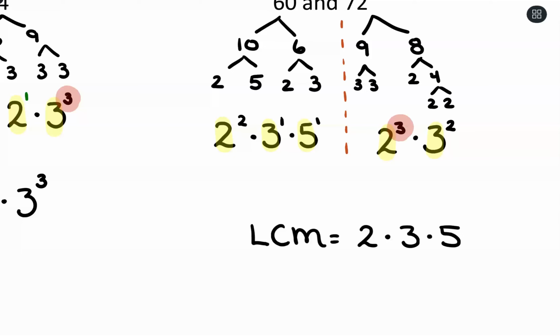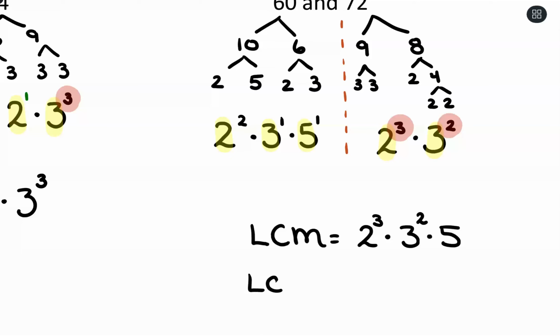So we want to use the 3. With 3's, it's 1 versus 2. So we want to use the 2. And then for 5, there's only one possibility there with the 1. So we'd have just one 5 there. And that would be the prime factorization for our least common multiple.